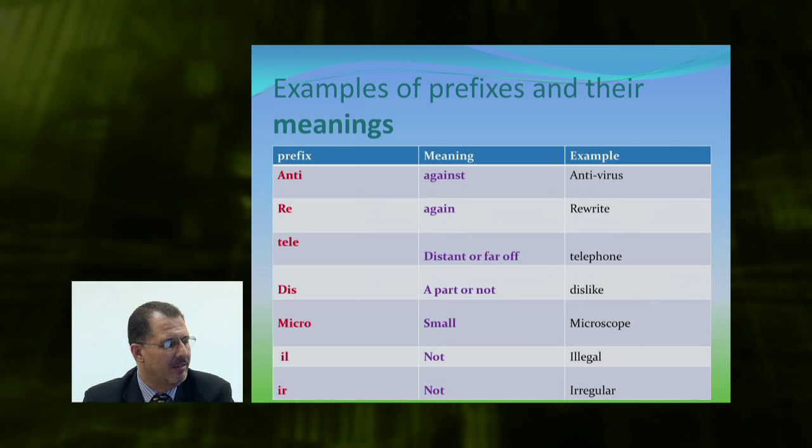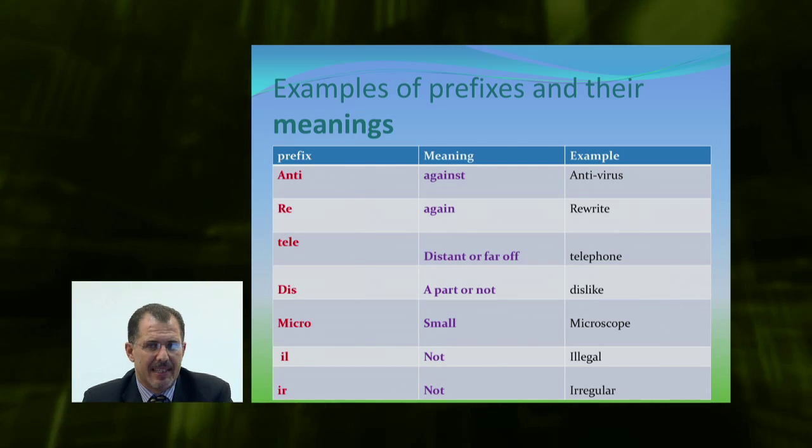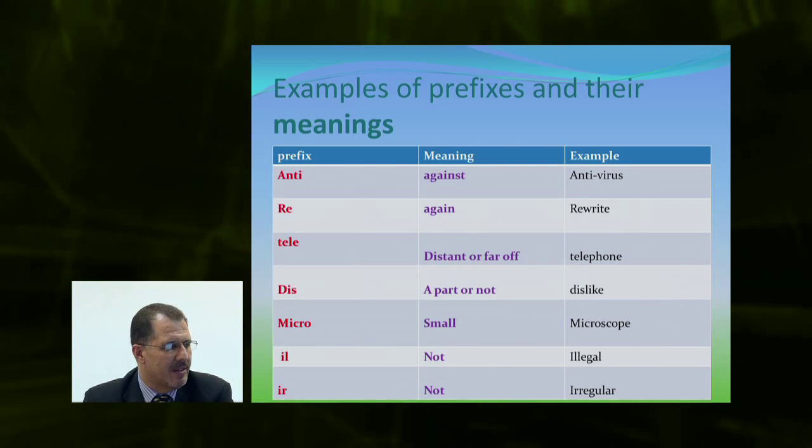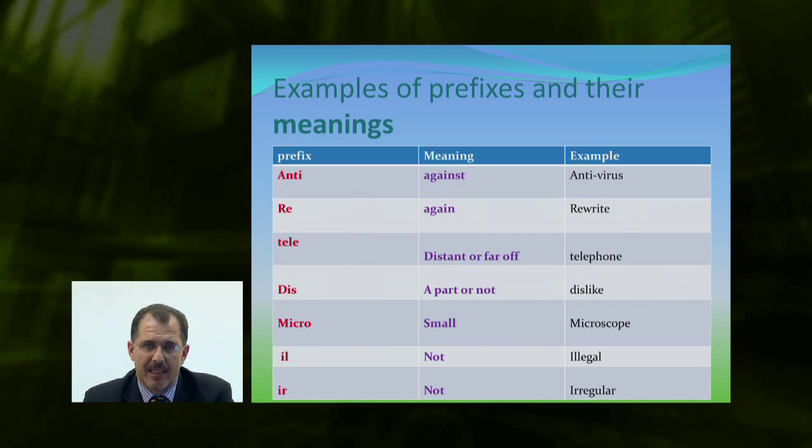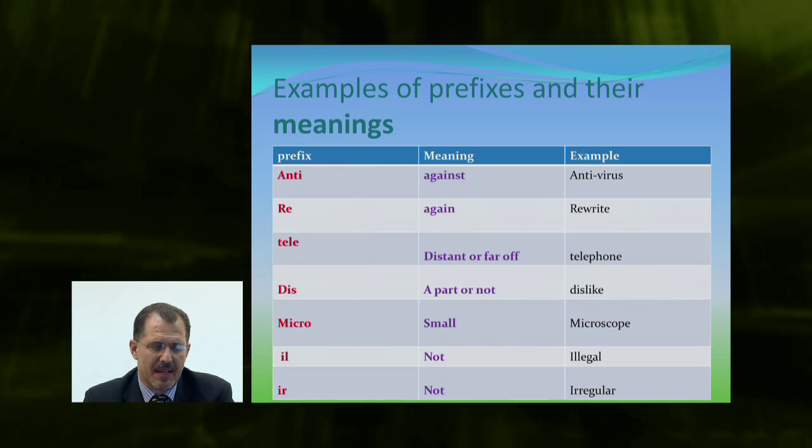Example, telephone. Other examples like telecommunication, telegraph, and so on. Now this, dis, which means apart or not. We have this example, dislike. Other examples like disagree, disadvantage, dishonest, and so on.